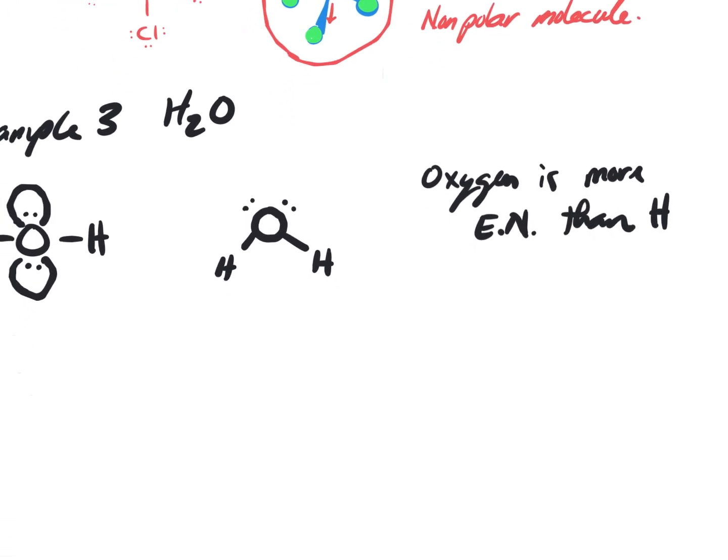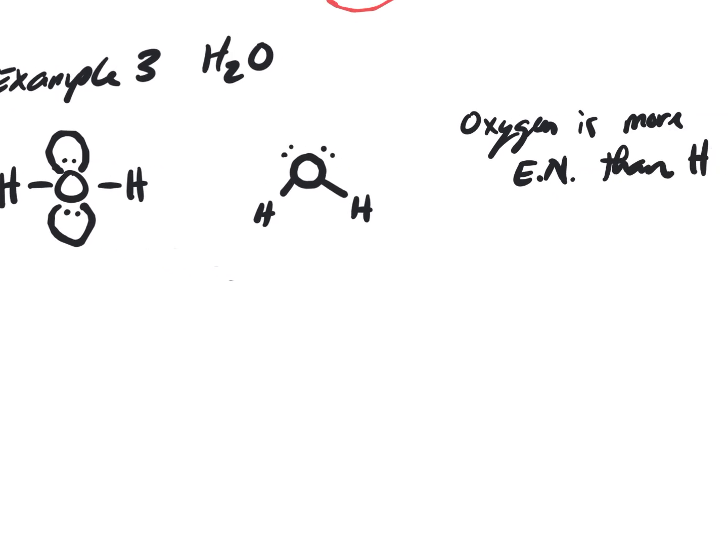If I draw another ball and stick, I feel like ball and stick models are nice and simple. So here would be oxygen. Here is hydrogen. Here is hydrogen. In which direction are these electrons going to be shifted?